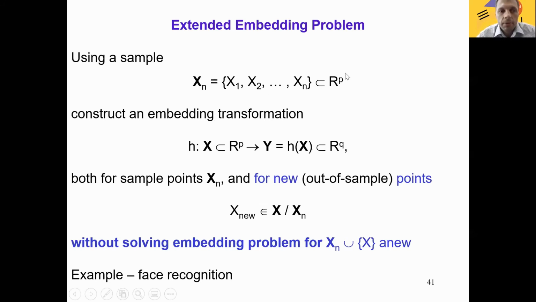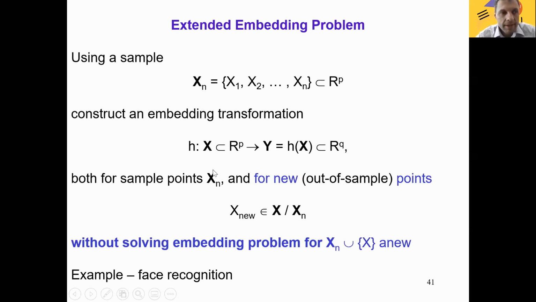This is a sample of p-dimensional vectors, and we would like to construct the embedding transformation H, which not only transforms this set of points into another set of points y, such that each point y has a lower dimension, but also this transformation H allows us to transform any new point x to a point y.